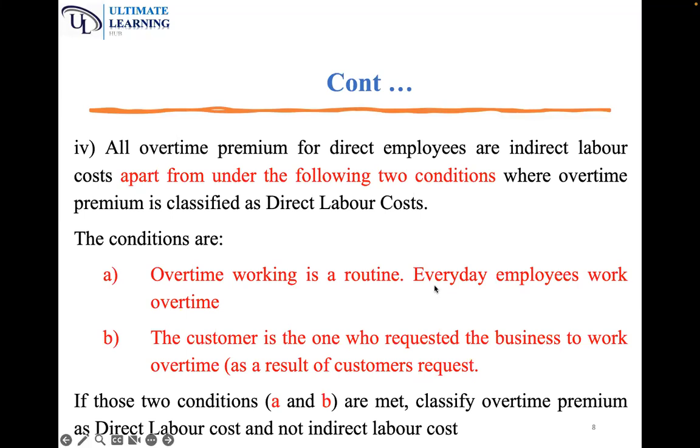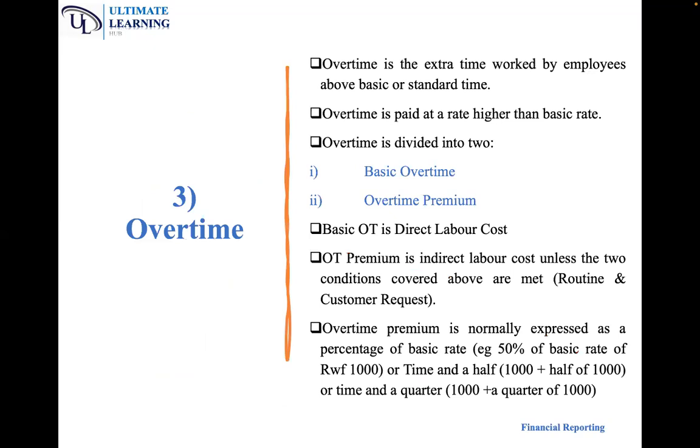Number one, overtime working is a routine. Number two, it's the customer who requested us to work overtime. In that case, overtime premium will be treated as a direct labor cost. I hope we are clear there.